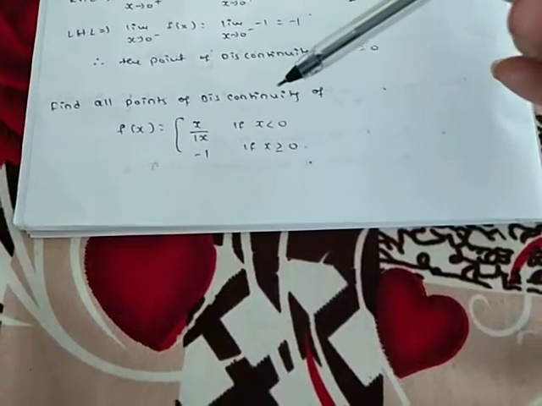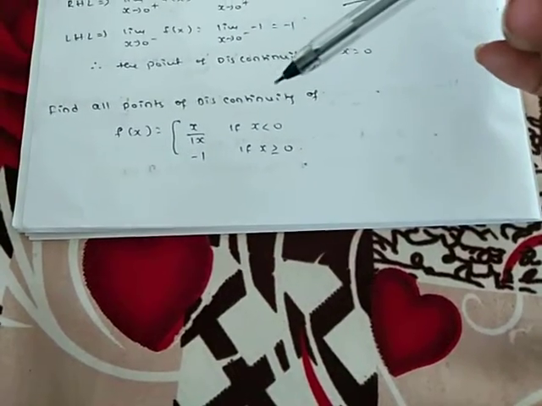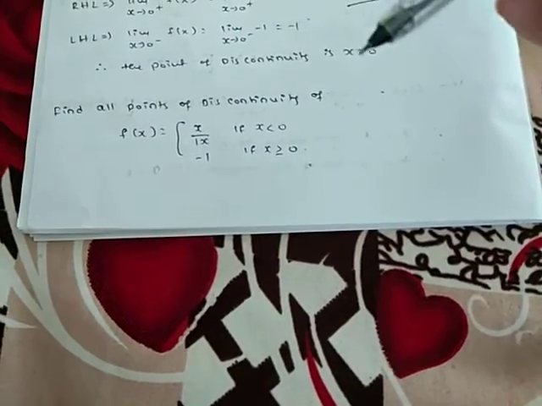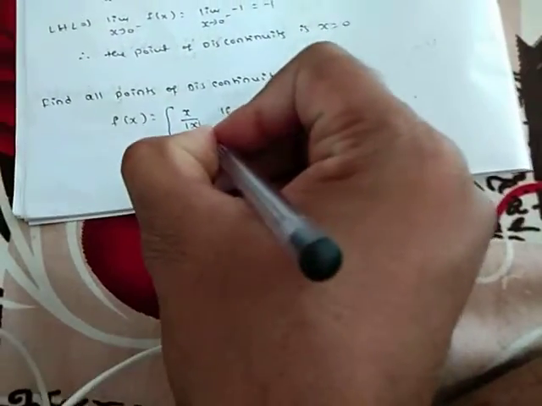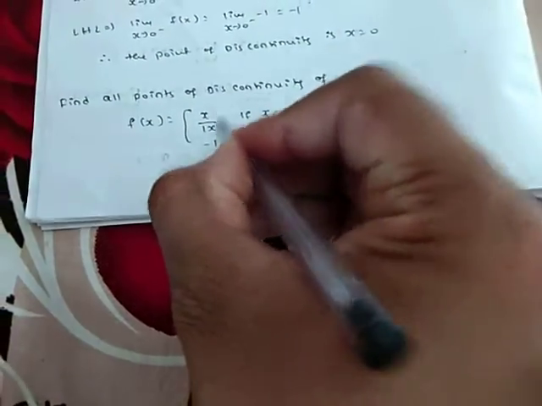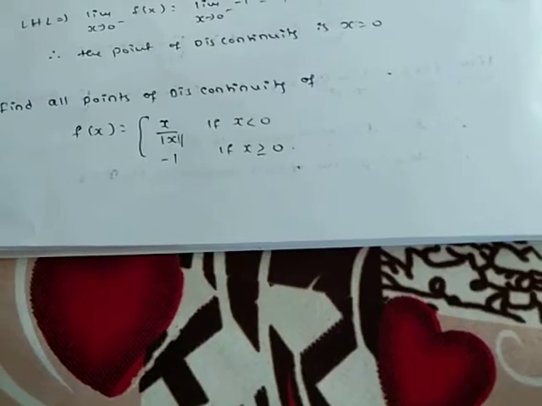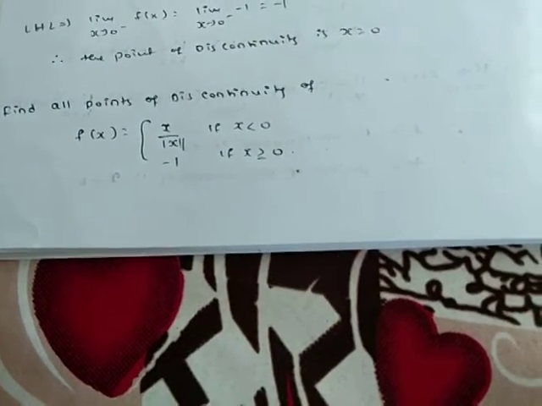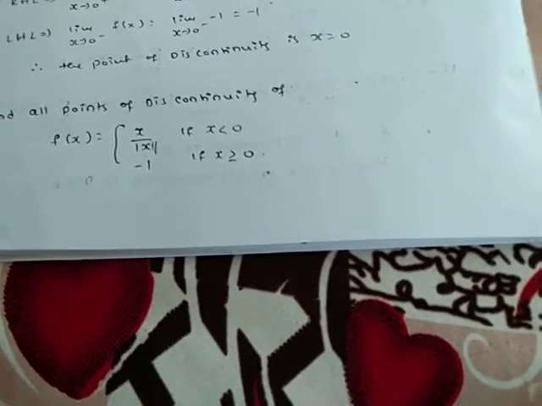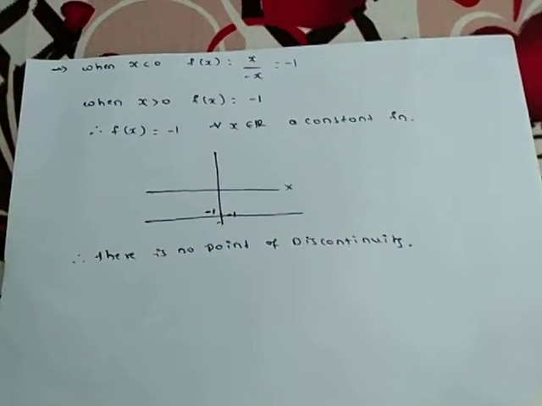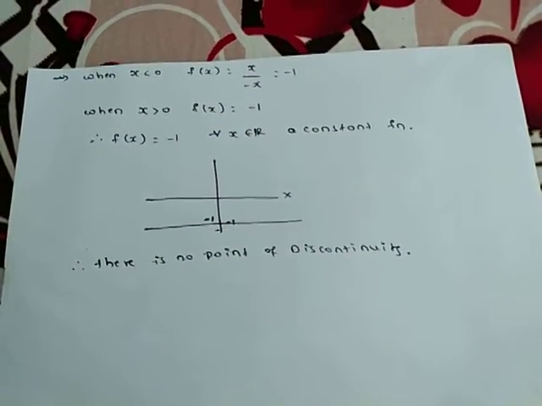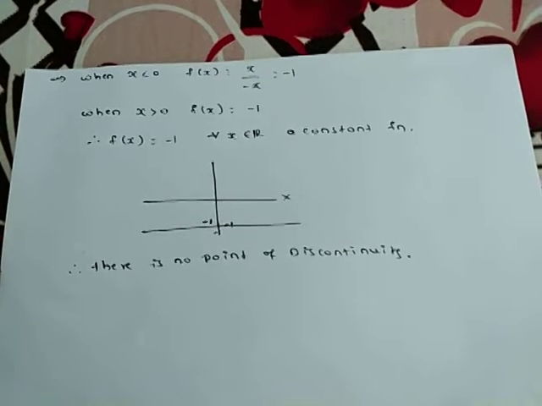Similarly, we have another problem. Find all points of discontinuity of f of x equal to x divided by modulus of x if x is less than 0, and minus 1 if x is greater than or equal to 0. They have given a modulus function in the denominator, so we need to split the function.